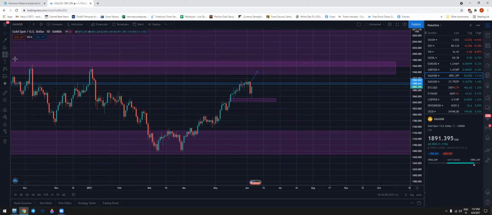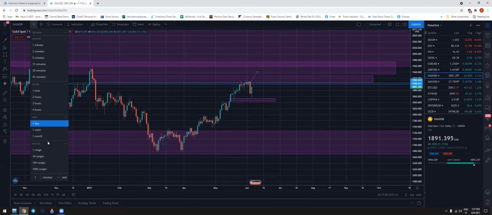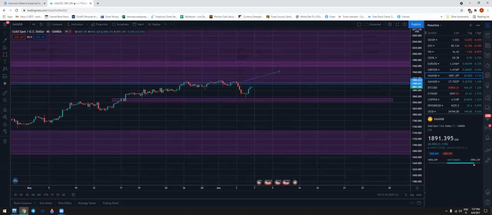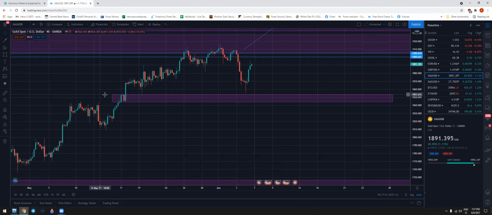Because price came into this, right? Nice rejection. Where did we stop? I had this one, but it came here. I was expecting it to at least come down here. I was even afraid it might keep going, but definitely got the rejection there.